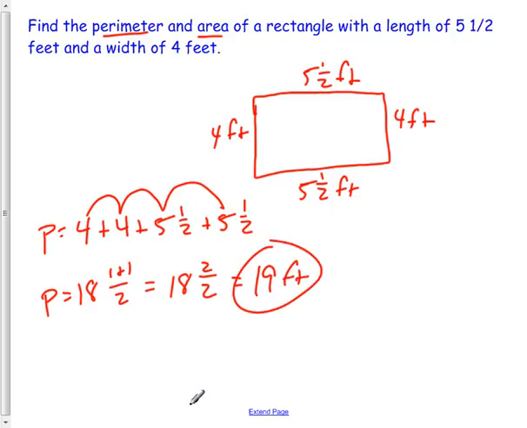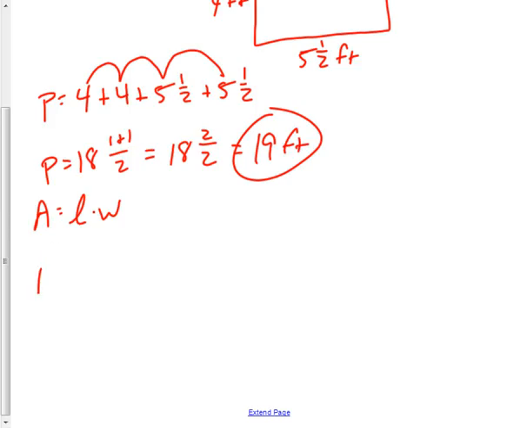Okay, so now let's talk about area. Area is length times width. Well, let's take 5.5 times 4 then. So area equals 5 1/2 times 4. Well, let's get this into an improper fraction so we can multiply. So 5 times 2, we're going to add 1, that's 11. So we're going to go with 11 halves times 4 over 1.